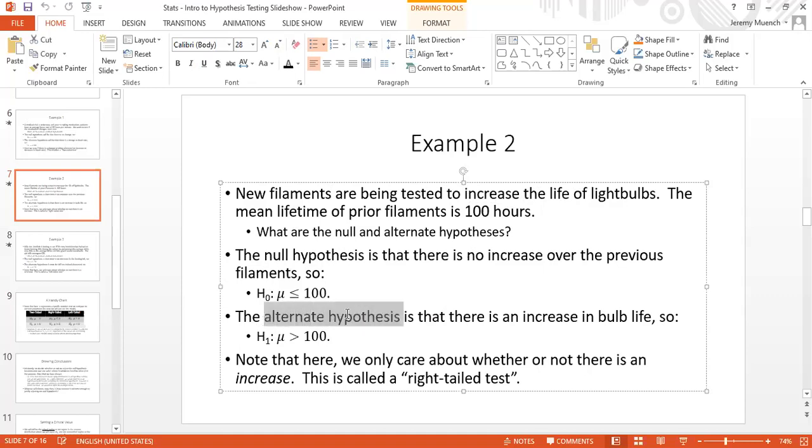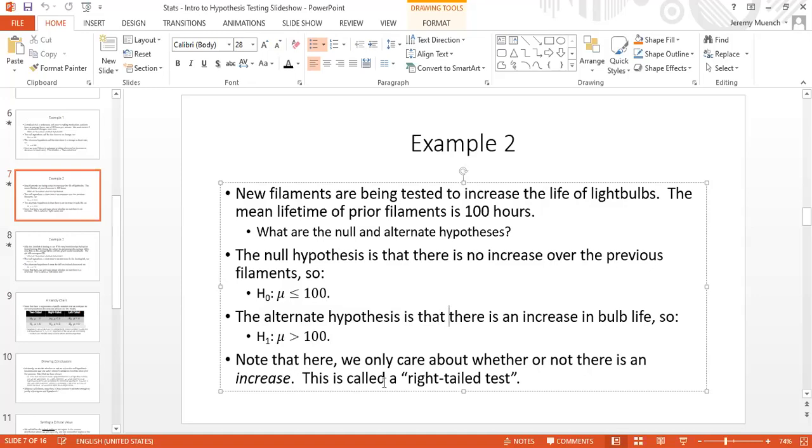So here, our alternate hypothesis is the thing that's changing in the direction that we want to see a change. And so it's written, H1 colon, mean greater than 100. So here we only care about an increase.